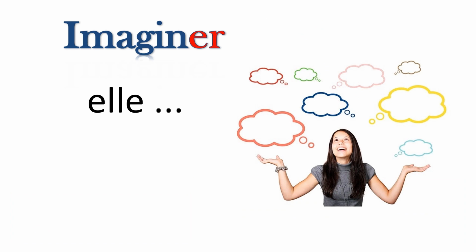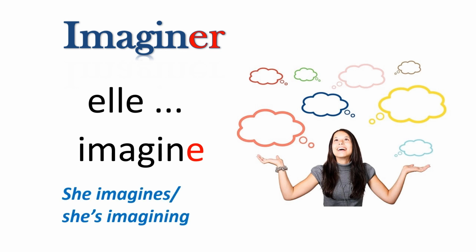A little bit harder now, with just an infinitive and the beginning of a sentence that you need to complete using the correct form of the present tense. Elle imagine. She imagines. She's imagining.